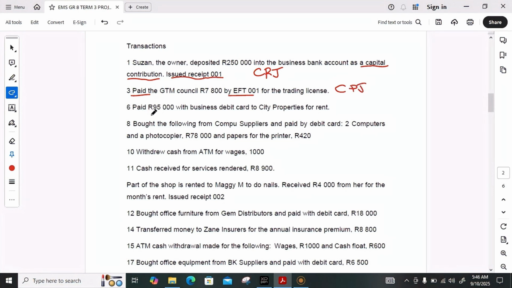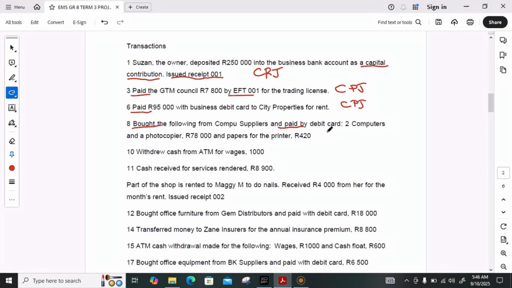Then day 6, paid 95,000 with business debit card to Seed Properties for rent, and again the keyword is paid, CPJ. Bought the following from Compu Suppliers and paid by debit card: 2 computers and a photocopier, 78,000, and paper for the printer, 420.